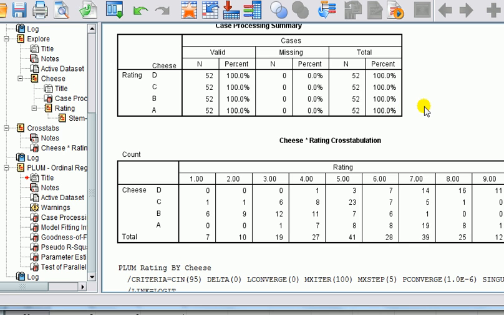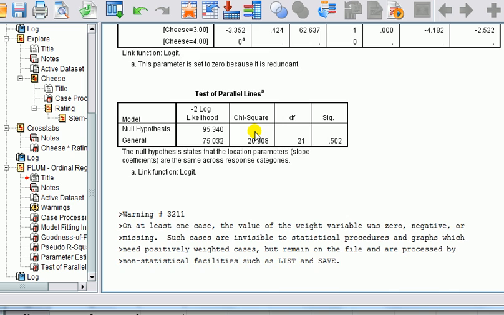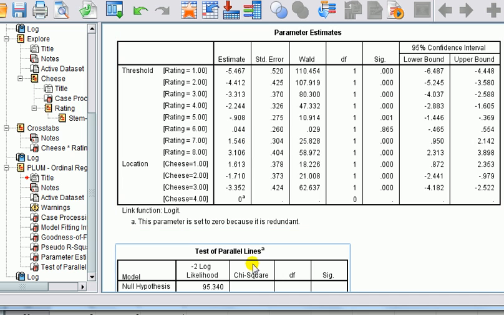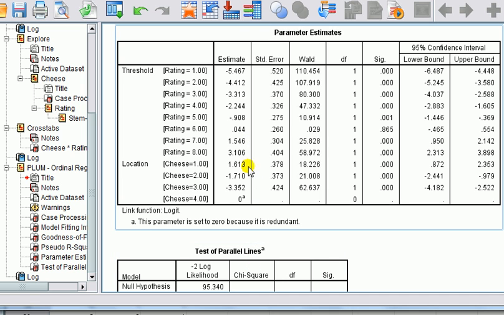If you run binary logistic regressions and the odds are similar to the ones you get here, then even if the parallel lines assumption doesn't hold, it was violated but it didn't affect the results too much.